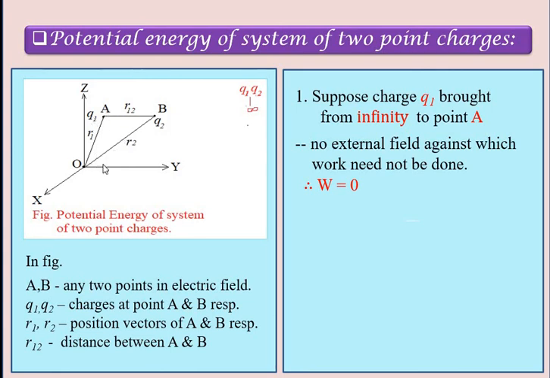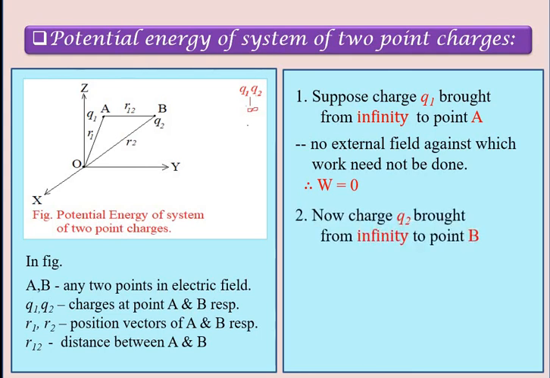There is no charge initially, and we have to bring the charge Q1 from infinity to point A. There is no external field against which work must be done. Therefore, the total work done at point A is equal to 0.